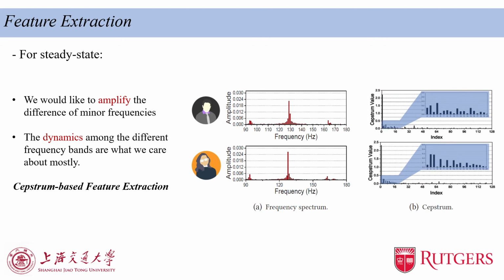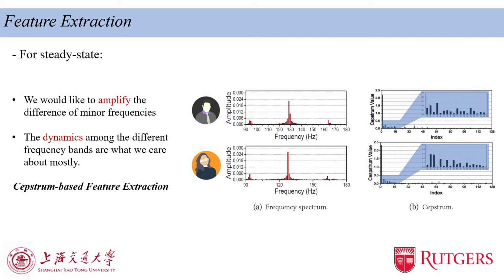And then for the steady state of vibration signals, since the differences among users are not very obvious, we would like to amplify the differences of minor frequency components and capture the dynamics of different frequency bands. Therefore, we apply cepstrum processing to the vibration signals.